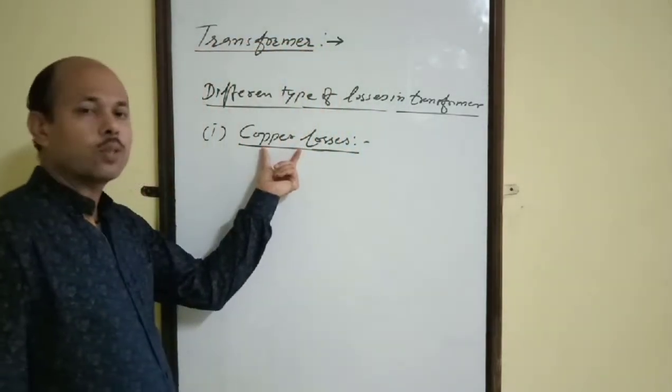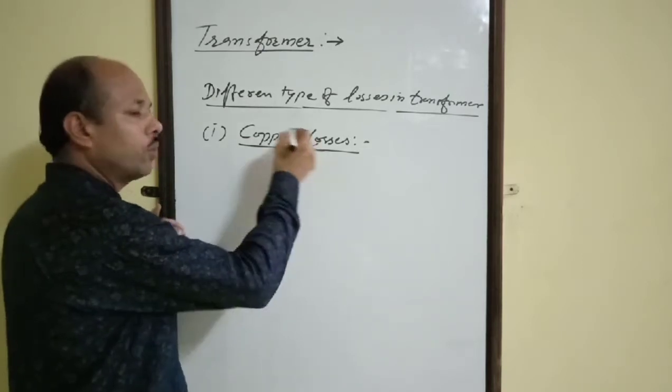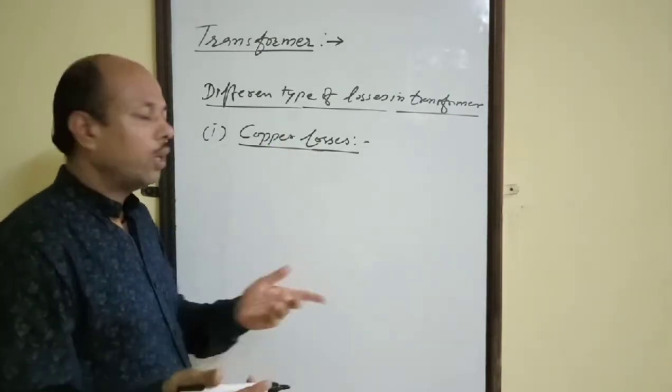Why or how copper losses? Because the core of transformer is wound by the coil.